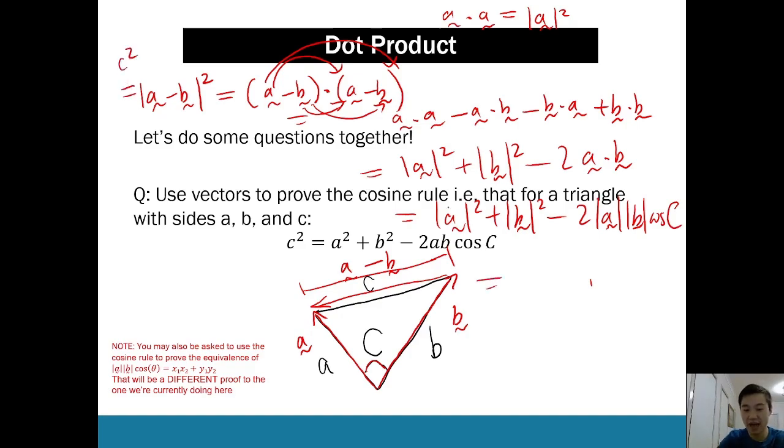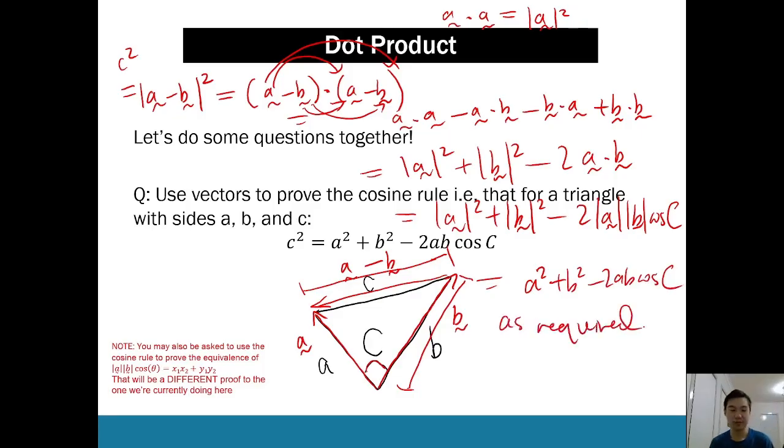The magnitude of vector a squared is just a squared, and the magnitude of b squared is just b squared, so we get a squared plus b squared minus 2ab cos C. And therefore we've proven the cosine rule, just using our knowledge of the dot product.